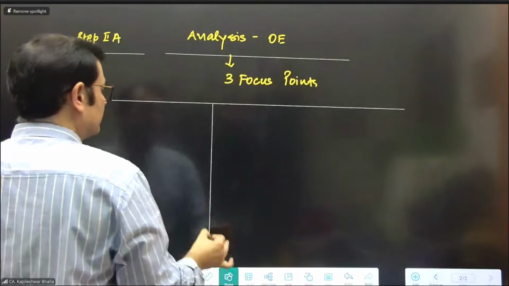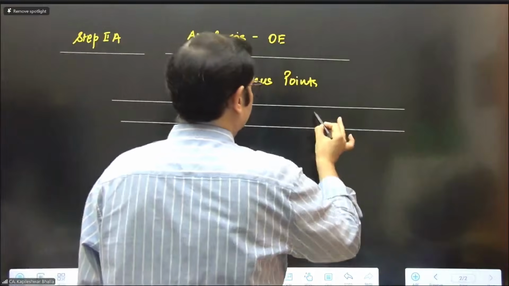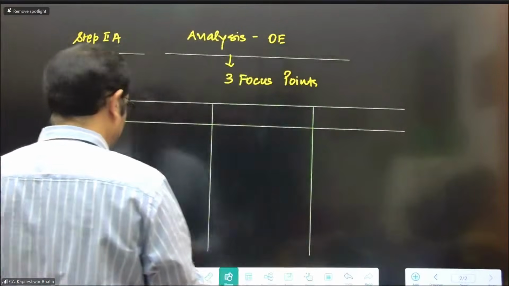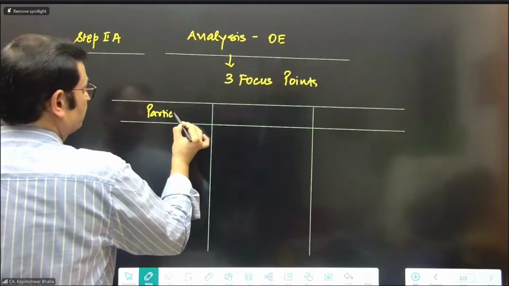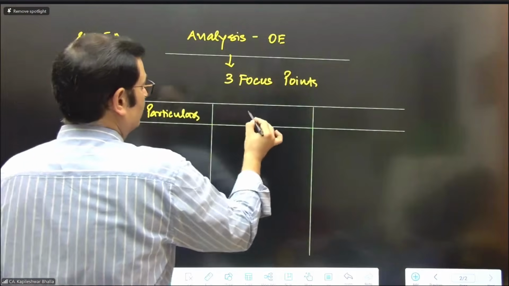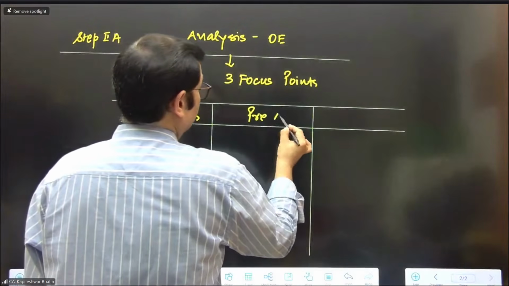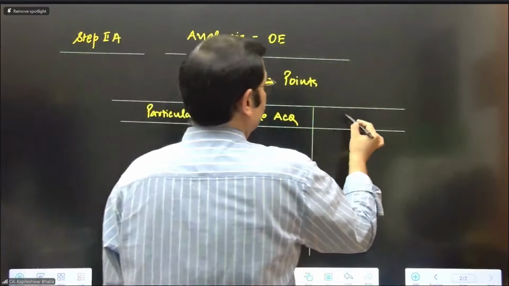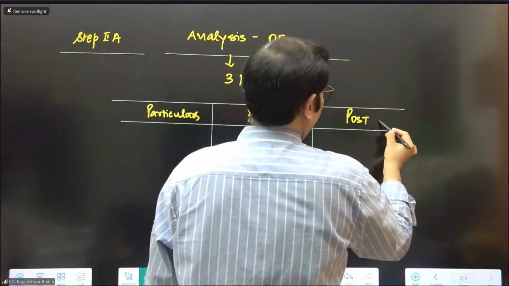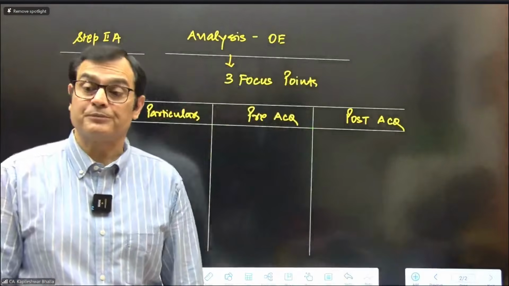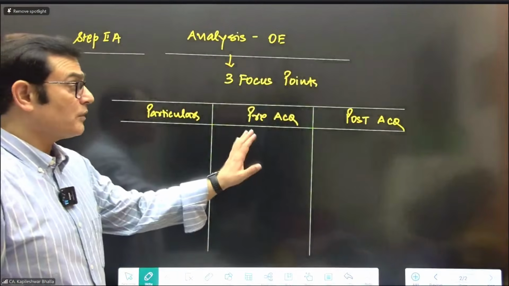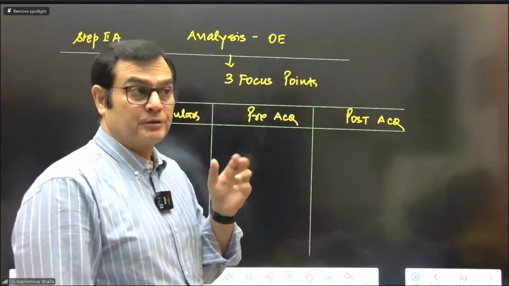At the first instance, we will be dividing the information into 3 columns. One is a column for particulars. One is the pre-acquisition profits. And one is the post-acquisition profits. Define it in terms of dates, of course, in the question. You need to define what is pre and what is post-acquisition.